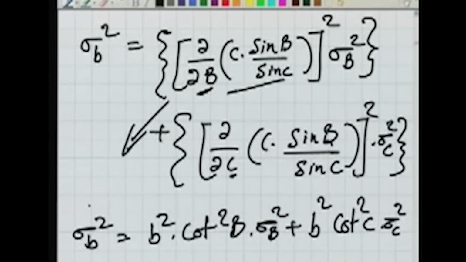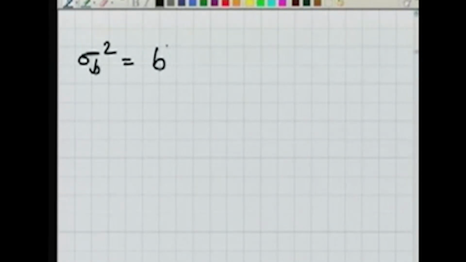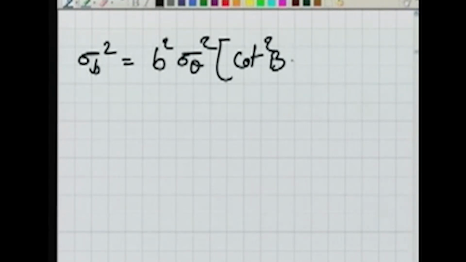So it can be written now like this. Now in this also we know that this value and this value are same as sigma theta square. So I can write this further as, I am taking this b square sigma theta square out. So cot square B plus cot square C. This is how this can be written.